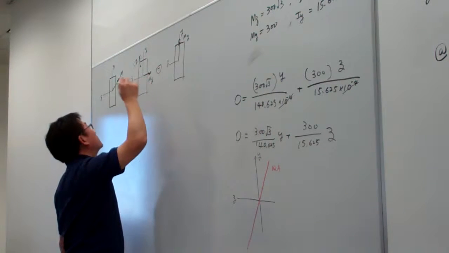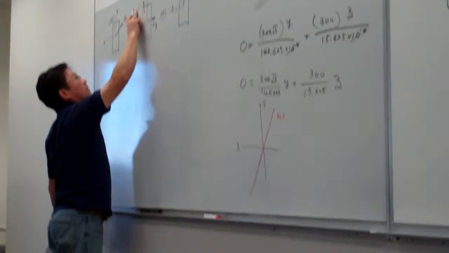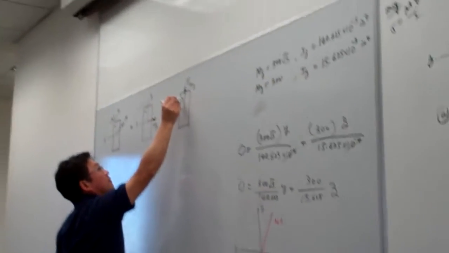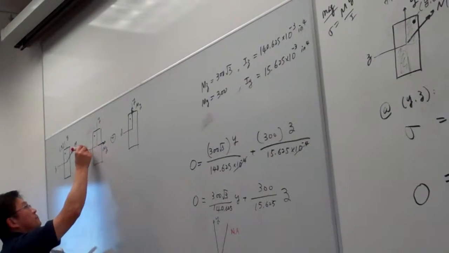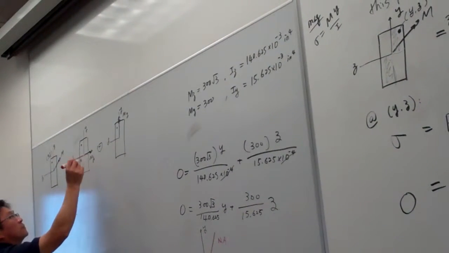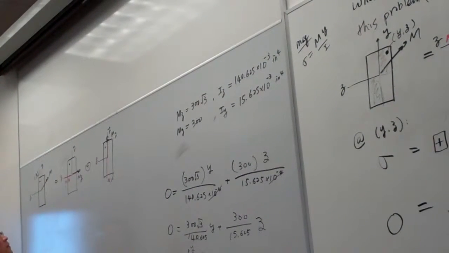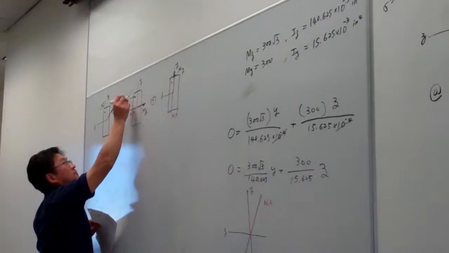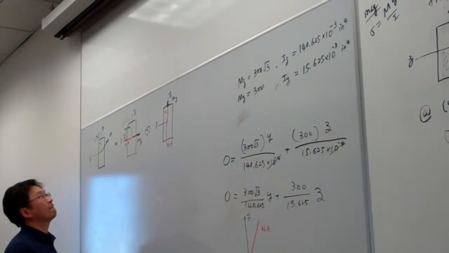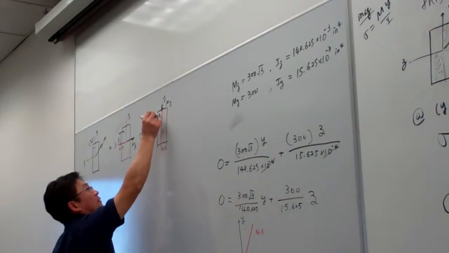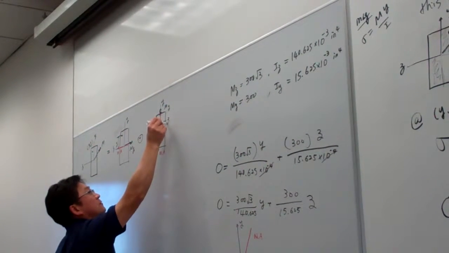So this point, this is our neutral axis. This is our neutral axis. So this is the distance y. This is distance z.